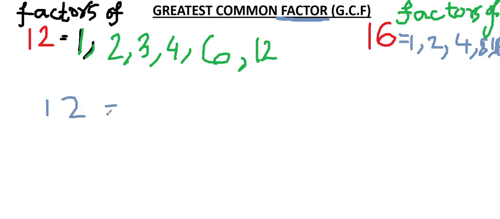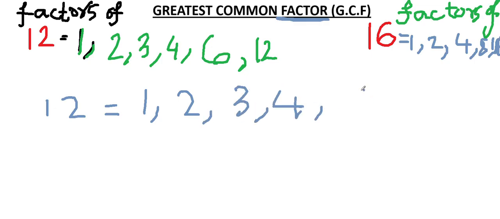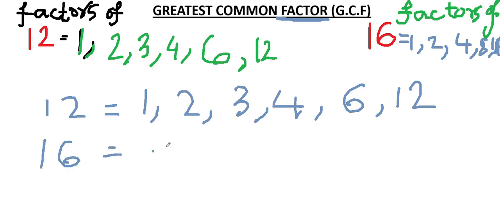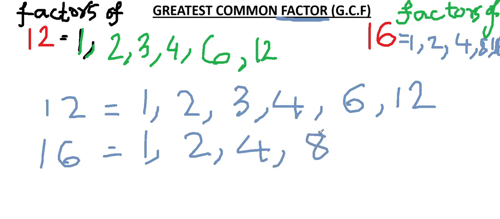So the 12 gives us 1, 2, 3, 4, 6, and 12 itself. And 16 gives us 1, 2, 4, 8, and 16. Okay, so these are the factors. I'm done already with the factor part.